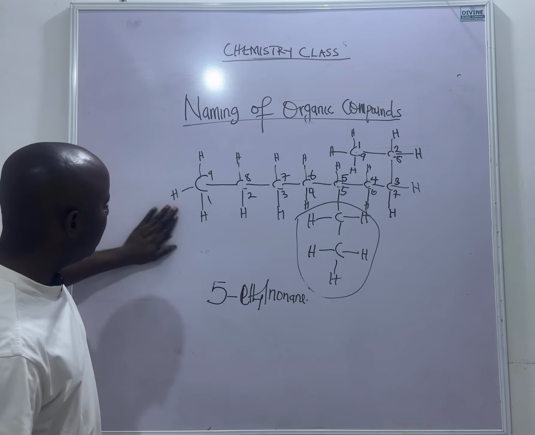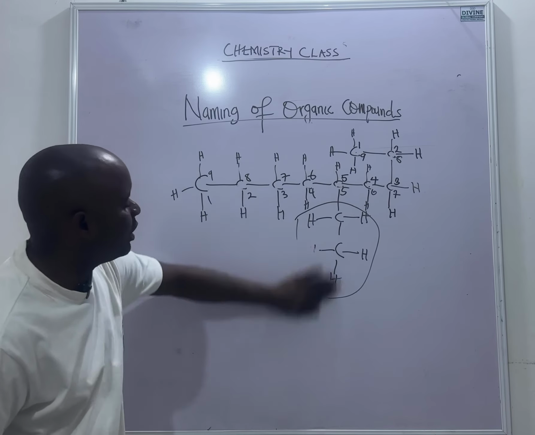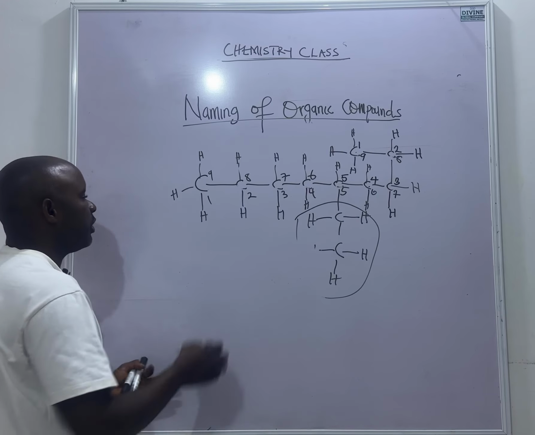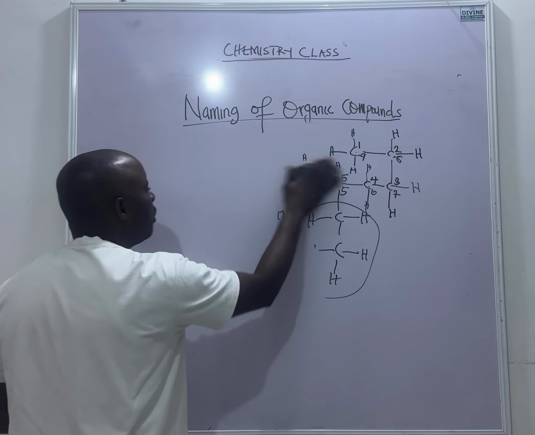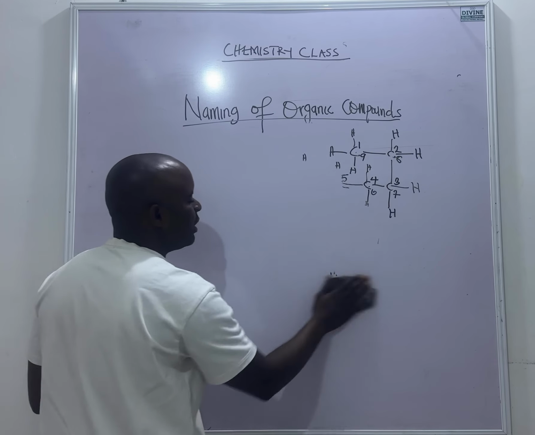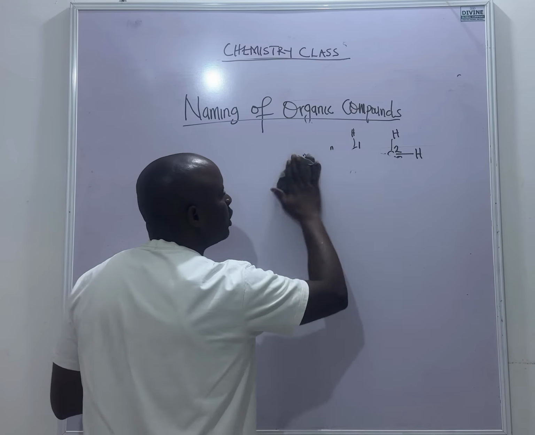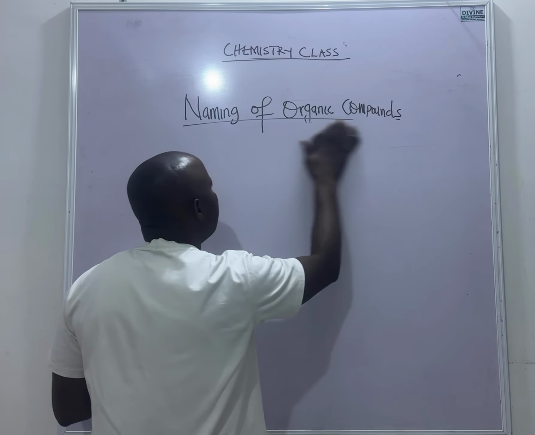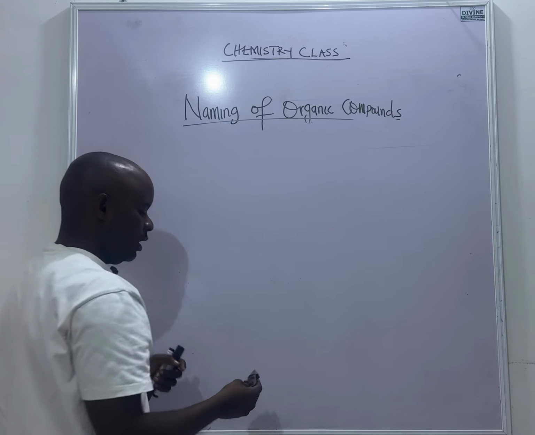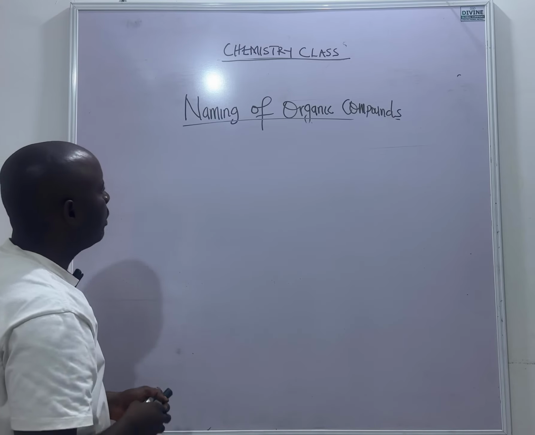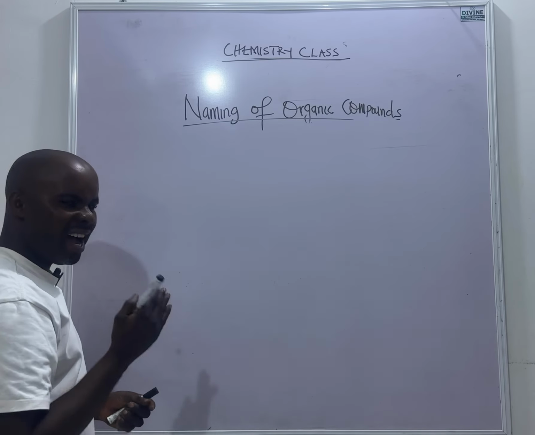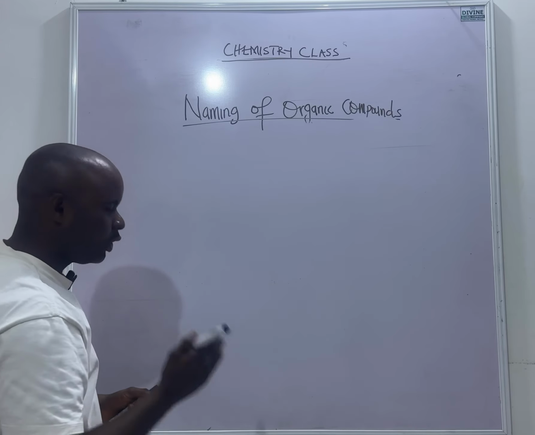Let's move to unsaturated hydrocarbons. In unsaturated hydrocarbons, we have different methods. Here the preference is given to the double bond or the triple bond. Lowest numbering must be given to the carbon having this double or triple bond.